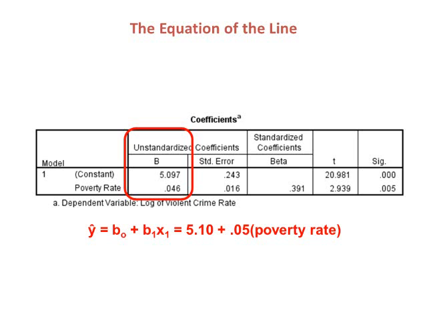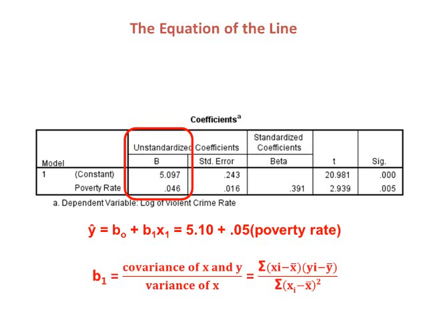Beta subscript 1 is substituted for the poverty rate, which is 0.046, and here rounded to 0.05. Thus the equation of the line is determined to be 5.1 plus 0.05 times poverty rate. We can plug in the poverty rate for each state and get its predicted value using this equation. The importance of this point to our understanding of the model's performance is discussed in the second video in this series.